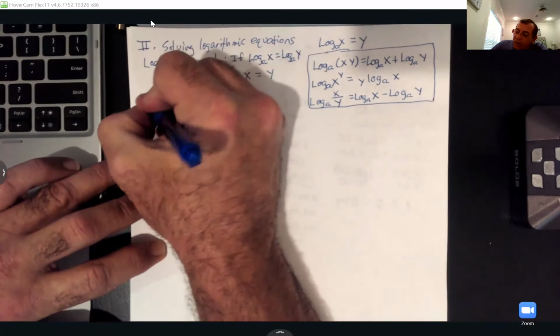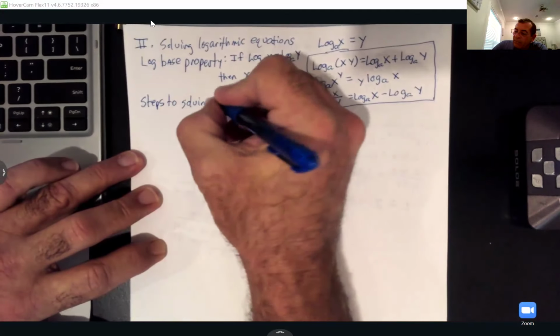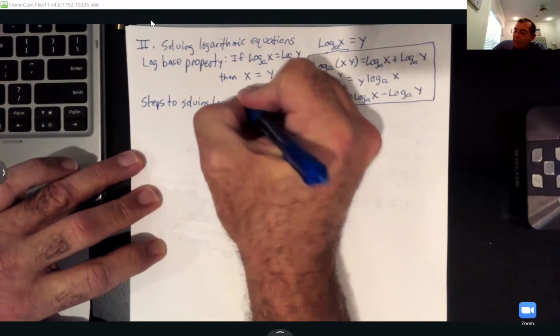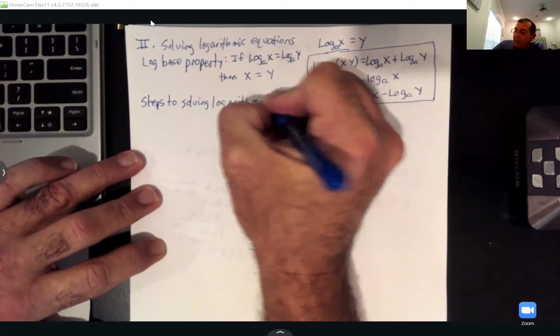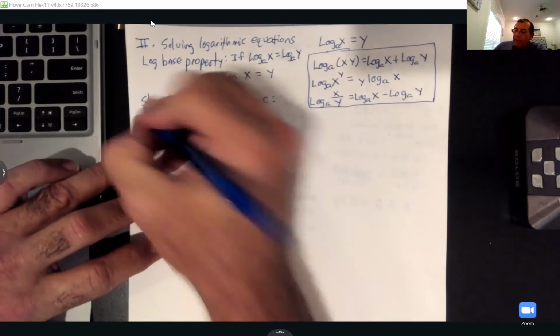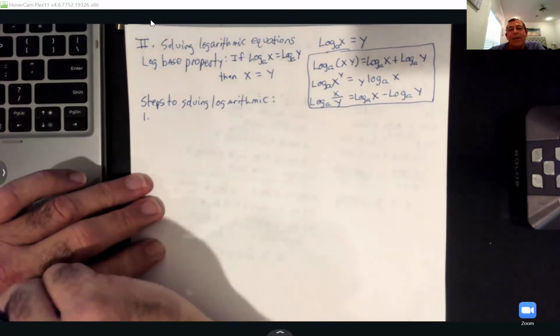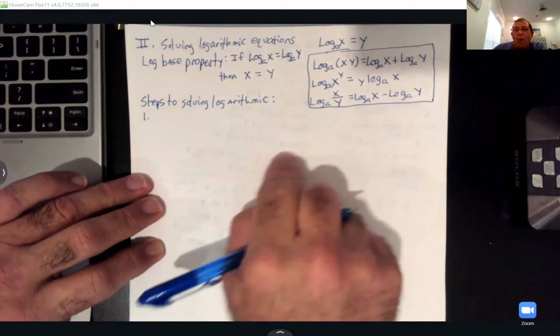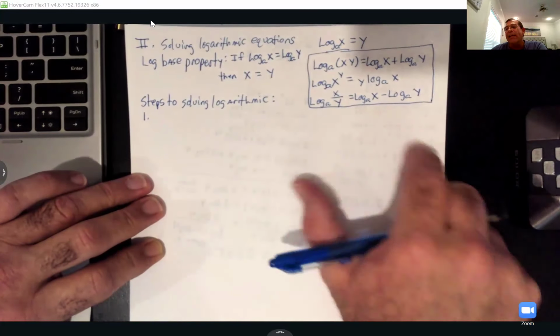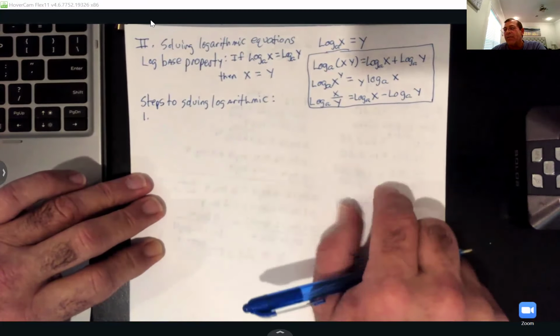So here are the steps to solving logarithmic equations. Here's the first thing you have to do. If you have more than one log on either side of the equals, you have to combine the logs. So combine logs if needed.